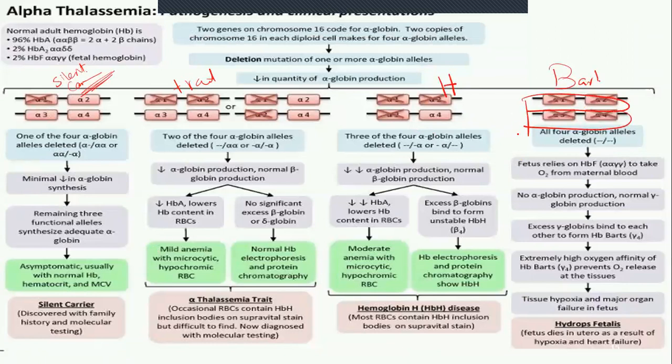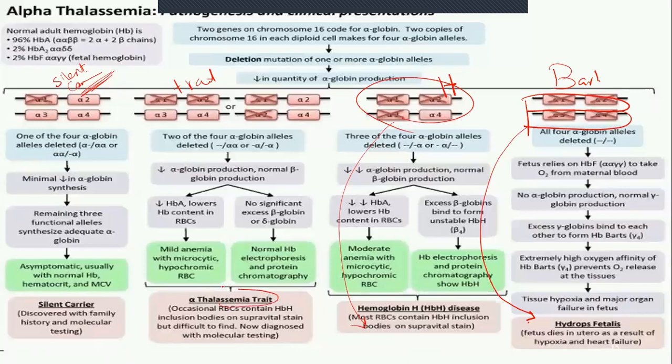Of course, incompatible with life and hydrops fetalis. In hemoglobin H, the condition is severe and repeated blood transfusion may be needed, and the condition may be very severe or less severe. So according to the severity, the frequency of blood transfusion is determined.